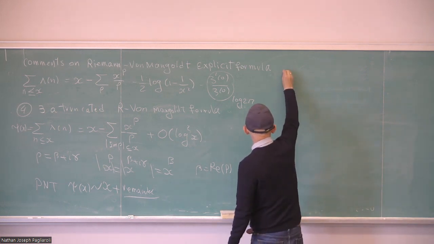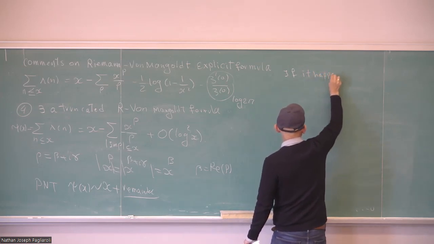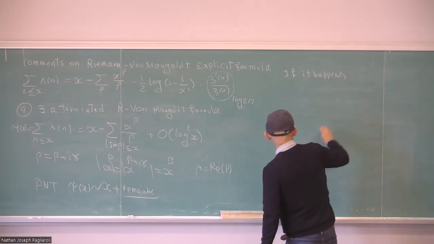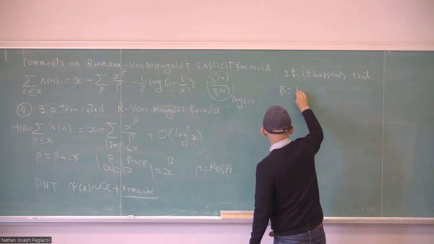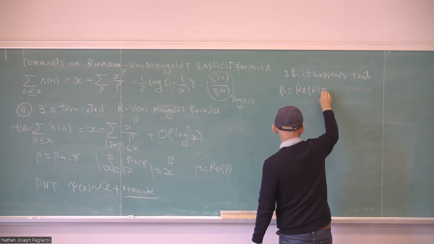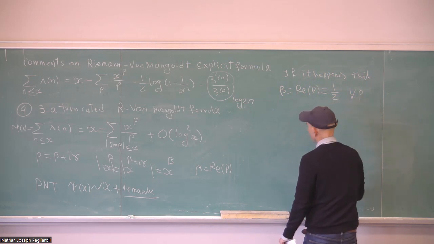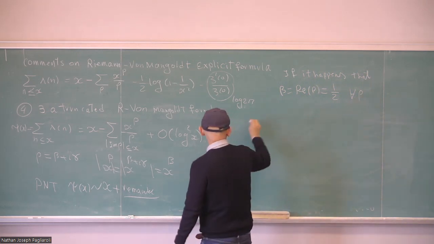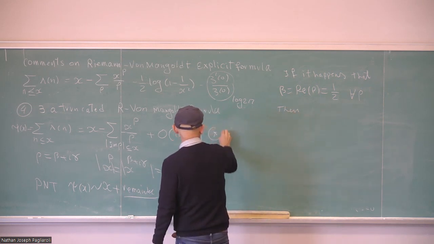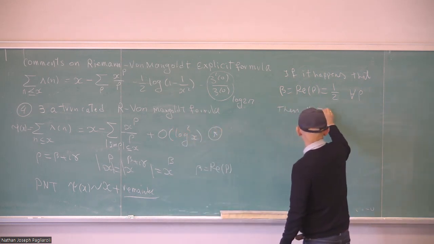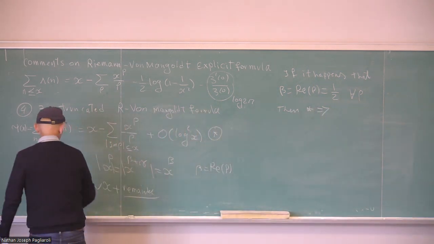now if it happens that beta, which is equal to the real part of rho, is equal to half for all non-trivial zeros, then this truncated formula star implies that we actually have the form of this thing.